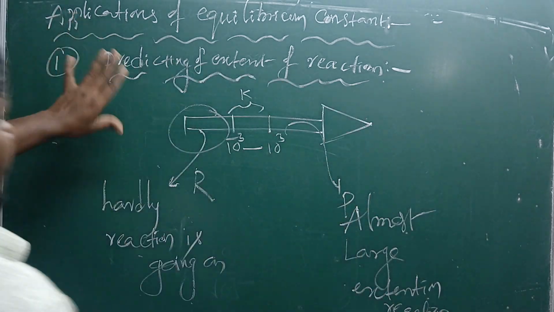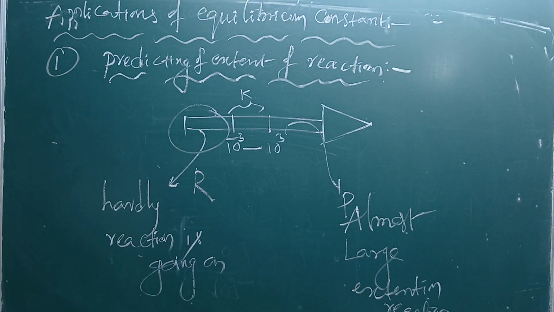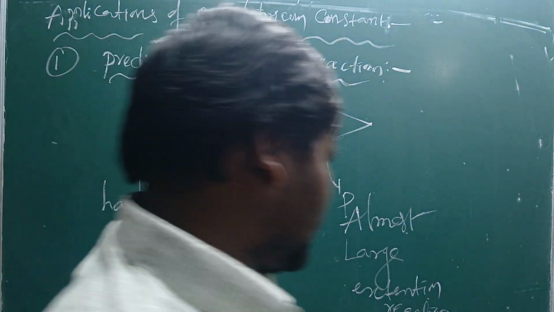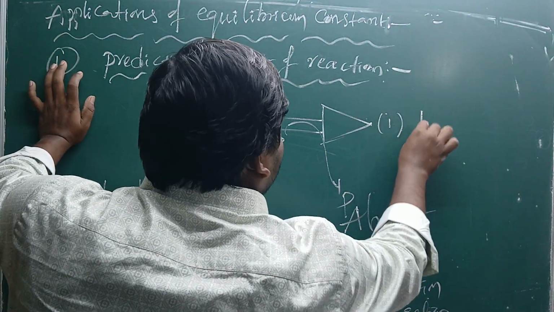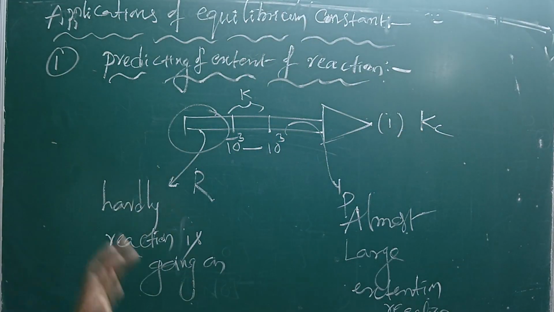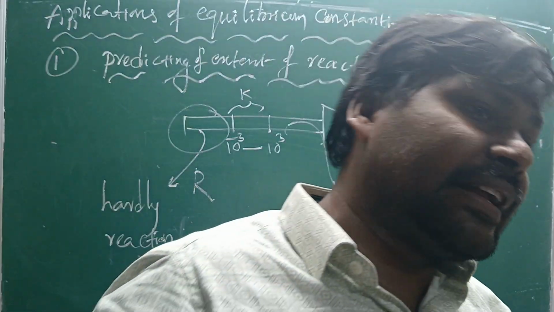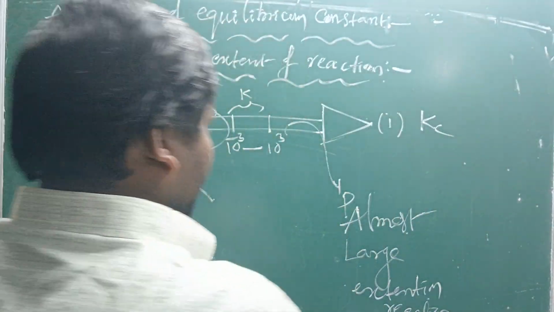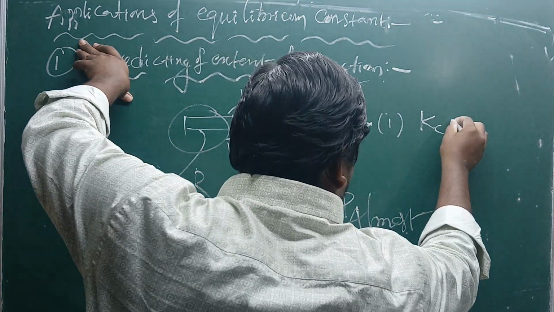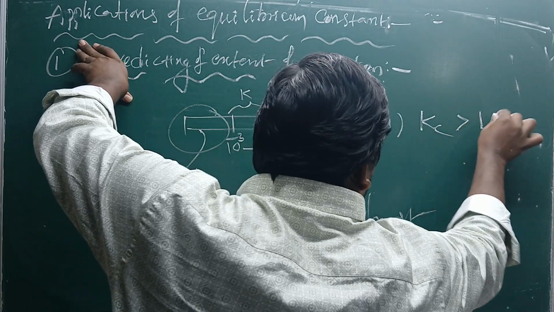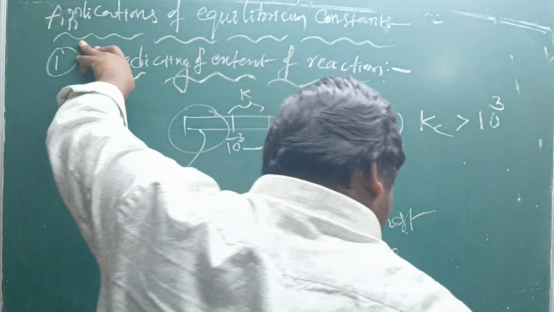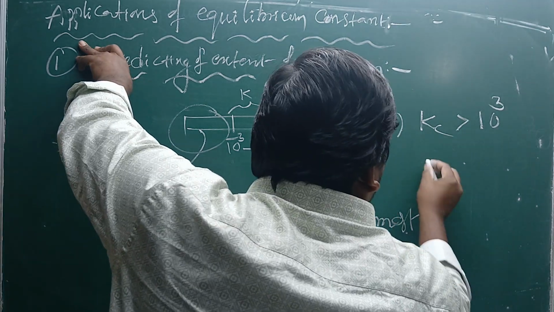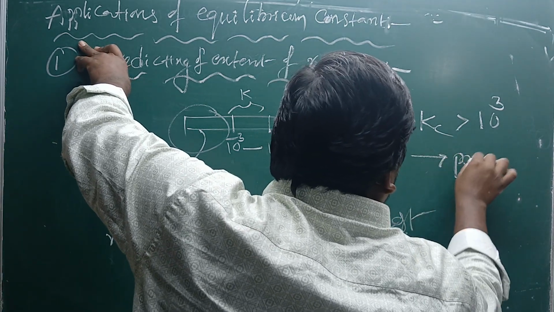You can observe in this diagram, there are three types of conditions. The first case is when the equilibrium constant value is greater than 10 to the power 3. Means if Kc value is more than 1000, then products are predominant.